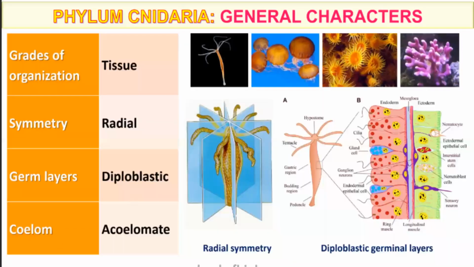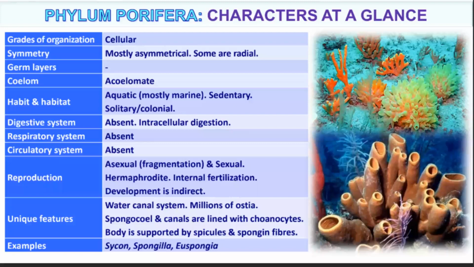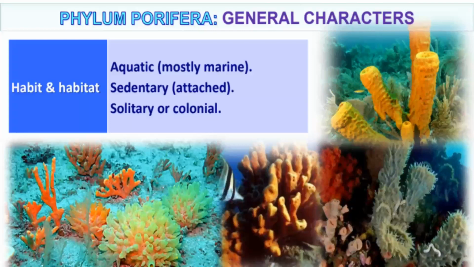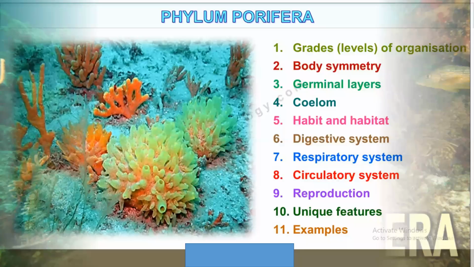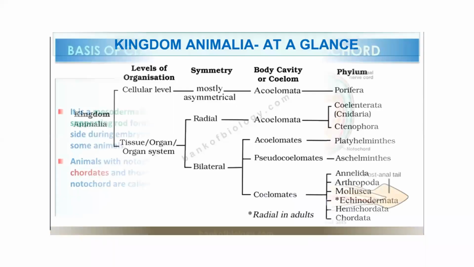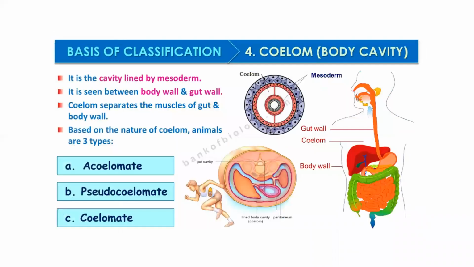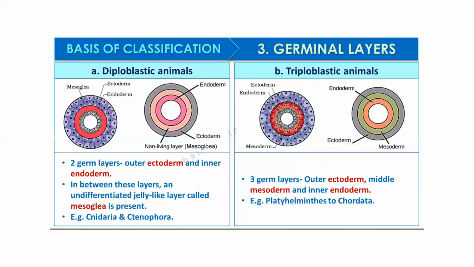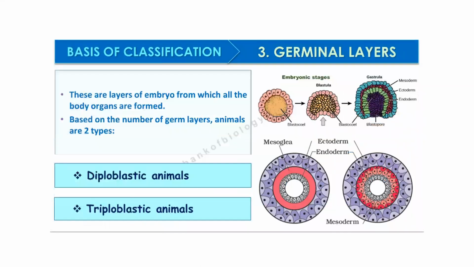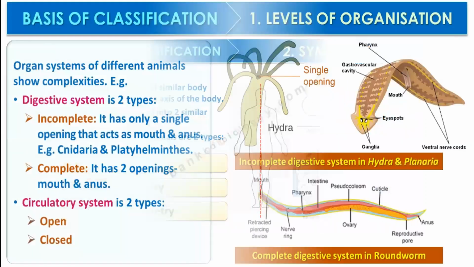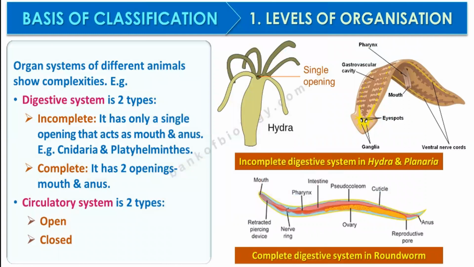Digestive systems are of two types. Incomplete has only one opening which acts as both mouth and anus. Complete has two openings.